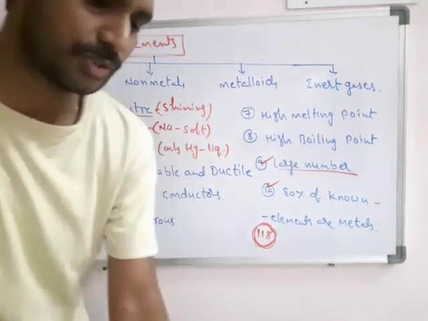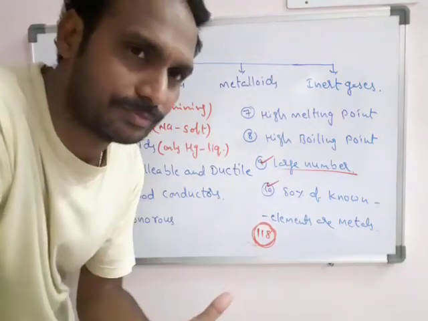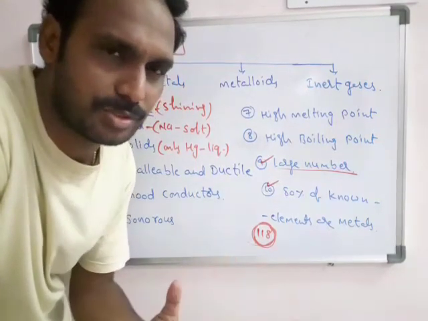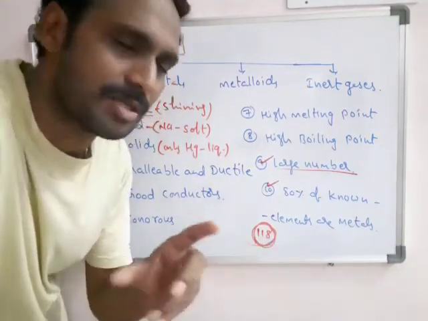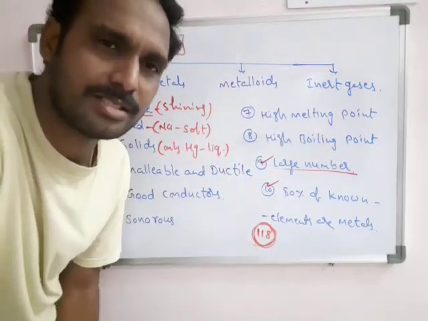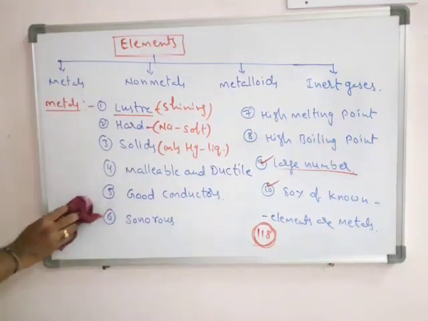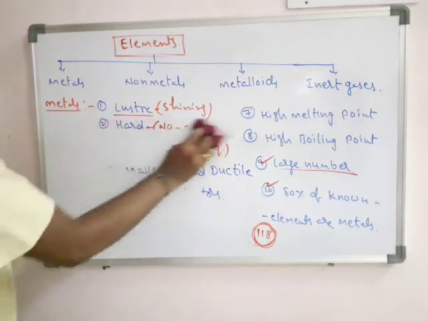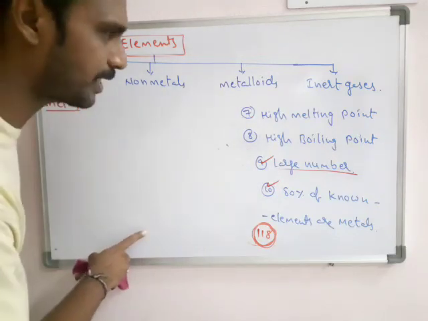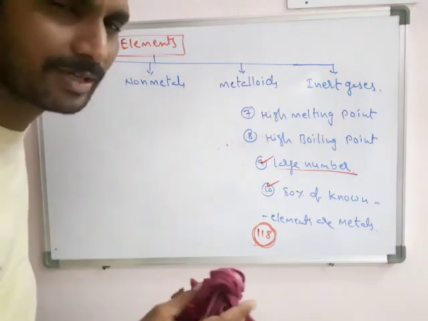So try to write the uses of metals which you know. For example, you write a metal, gold. What is its use? Now I will give the names of some metals. You have to write where we use those metals in our daily life. Here the sixth property, sonorous, means they give a perfect sound.